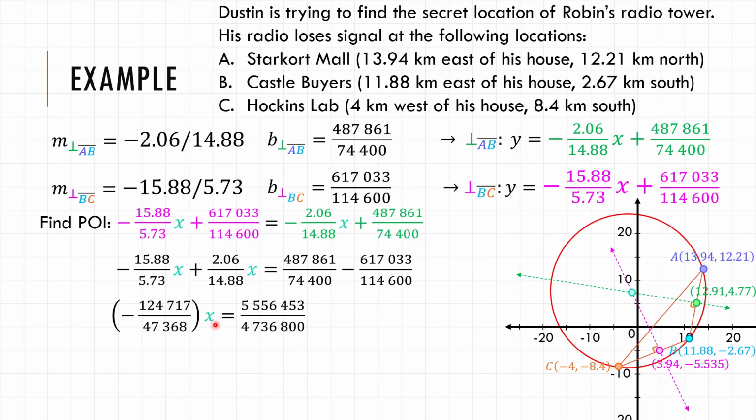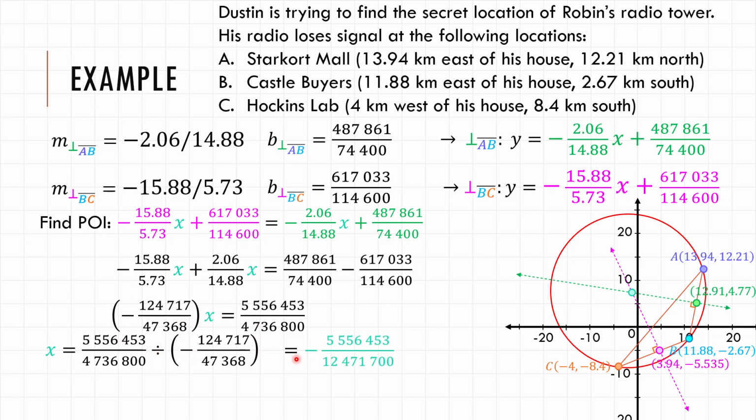Finally, I'm going to divide both sides by the coefficient of x because this is being multiplied. So obviously I do the opposite to get rid of it, which is division. That will get rid of the left side. And when I take this and divide it by that fraction, my calculator gives me the exact x coordinate of the point of intersection. This is an exact value, and it's approximately equal to negative 0.445.